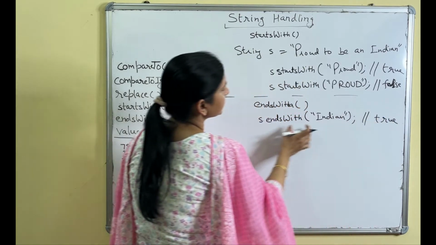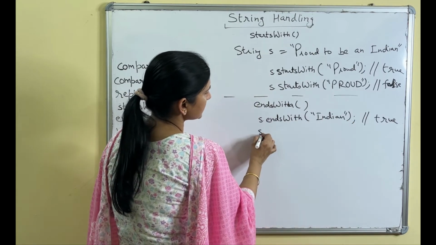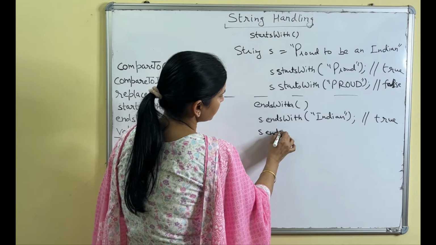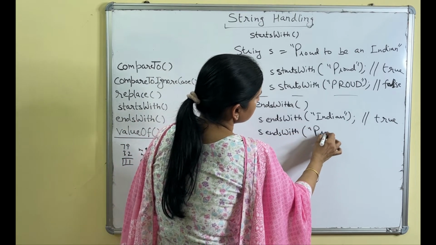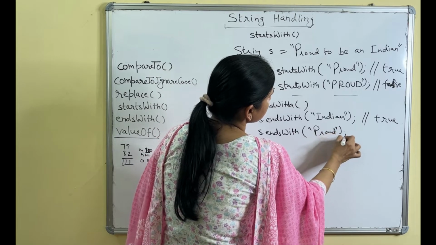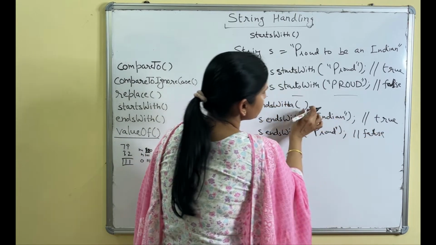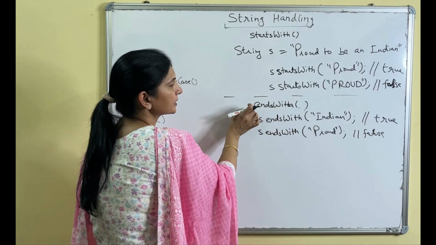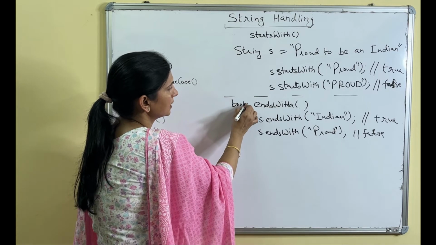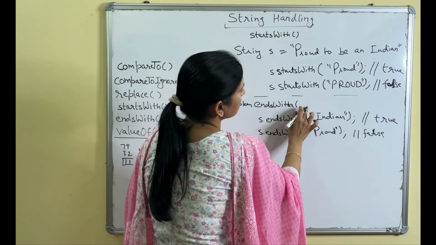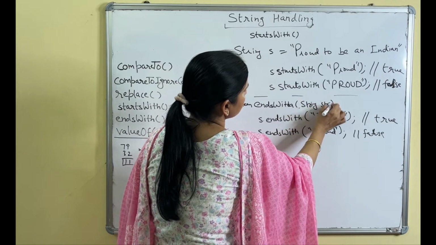And if I write S.endsWith("proud"), then it will be false. I hope it is clear. So both these functions accept a string as an argument and return a boolean. So the return type is boolean and the argument is the string str you pass.